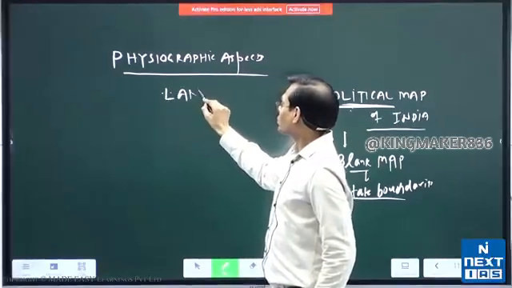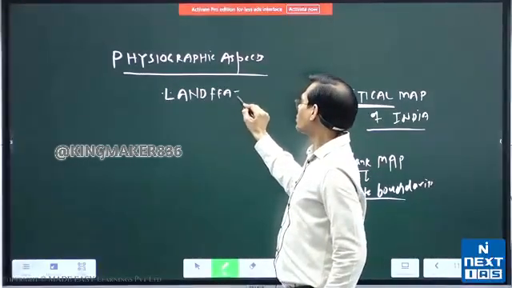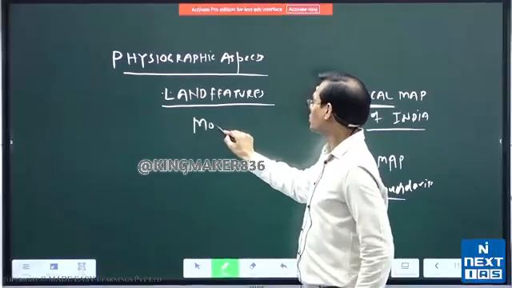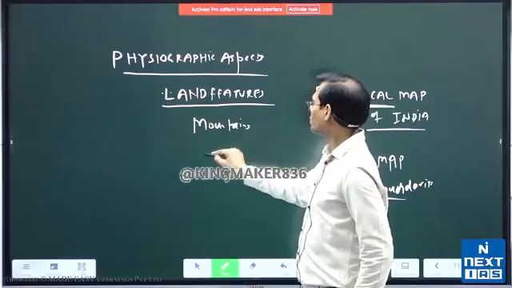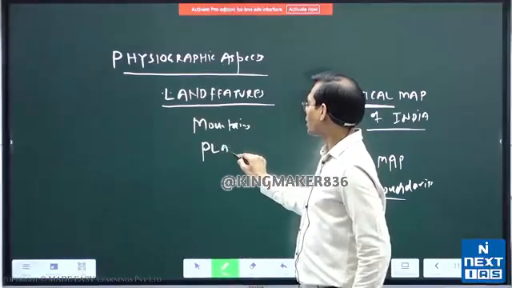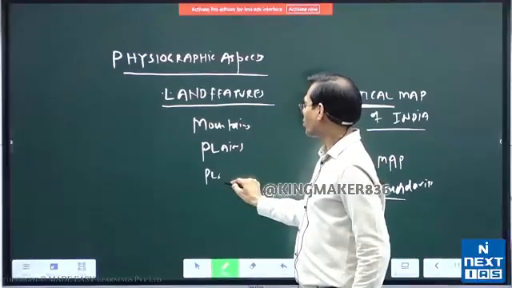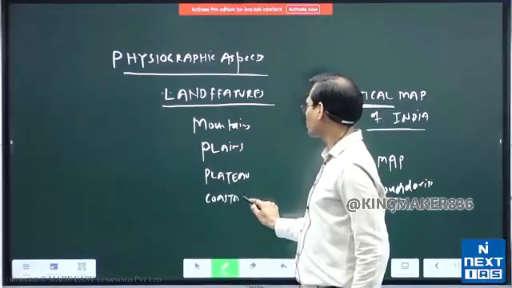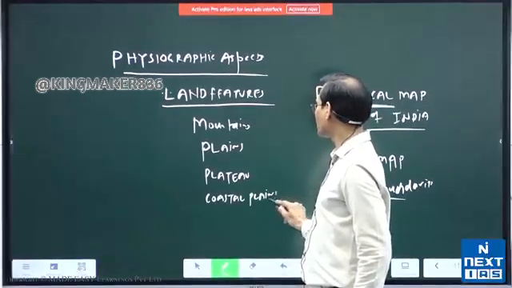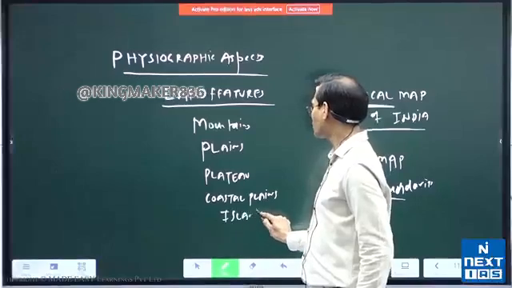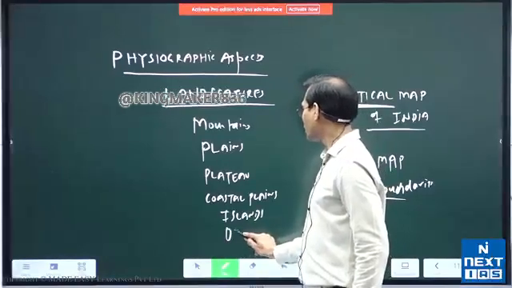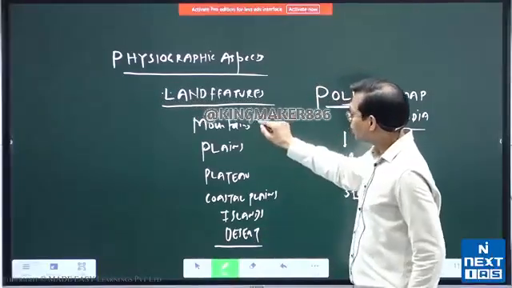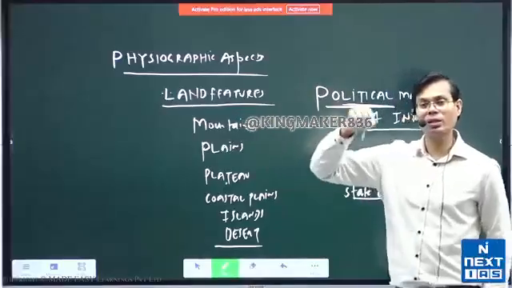Indian land features like mountains, Himalayas, or plains like Ganga plain, plateaus like Peninsula Plateau, Deccan Plateau, coastal plain, Konkan plain, Coromandel plain, islands, desert, Thar desert. So one by one we will be discussing the remaining India.